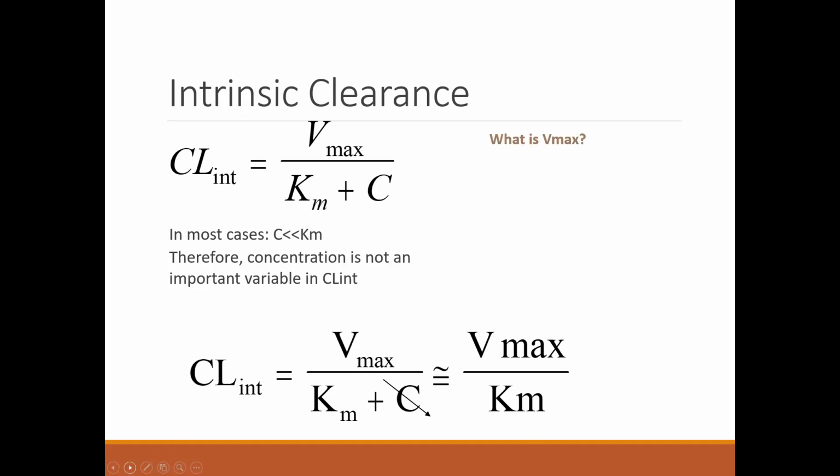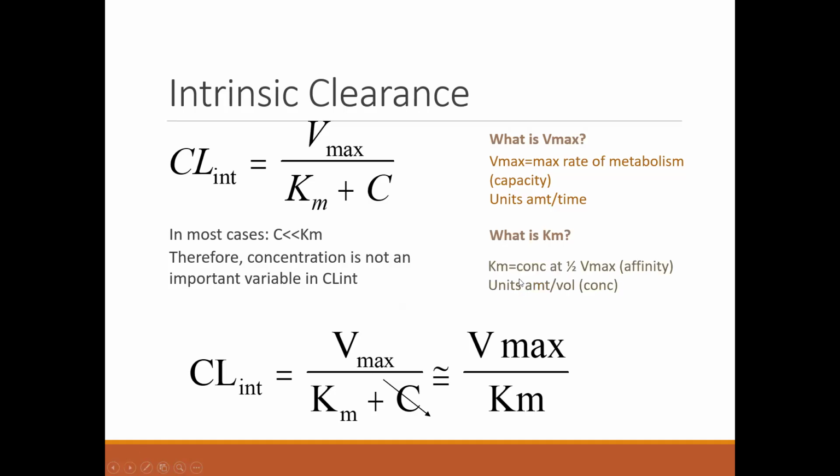However, if that's not true, just as a reminder, Vmax is the maximum rate of metabolism, the capacity, or in this case, the number of enzymes is how we think about it. So Vmax is possibly overwhelmed. And what about Km? Km is the concentration where we're at half of Vmax, which is our affinity, and it's a concentration, right?